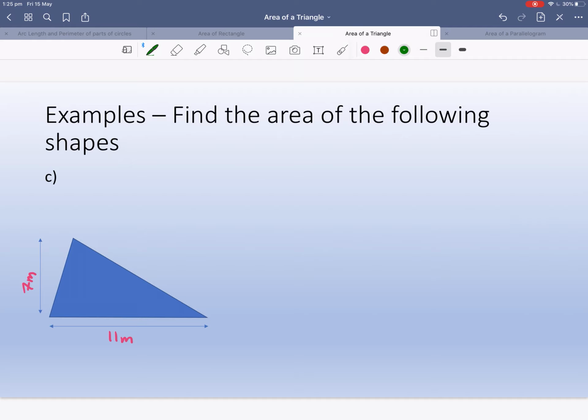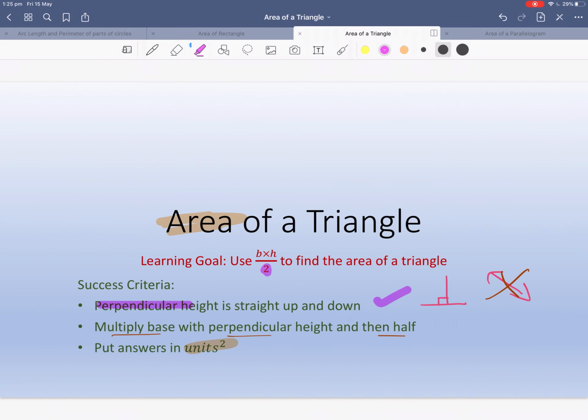What we have here is a triangle, and we're being given a perpendicular height here. But let's say, just for namesake, that this is 6 metres there, and it was given in the question. Well, we know not to use it, because actually one of the success criteria tells us that perpendicular height is straight up and down.